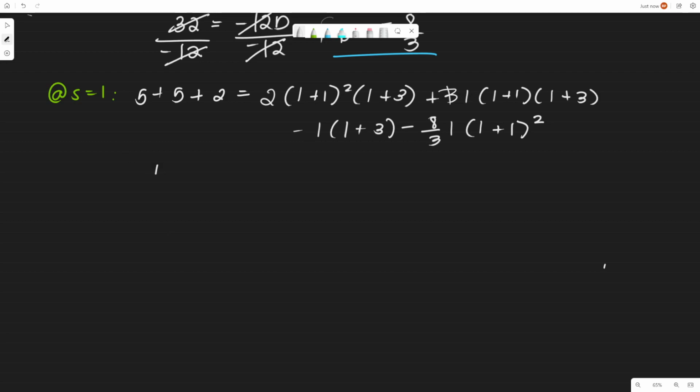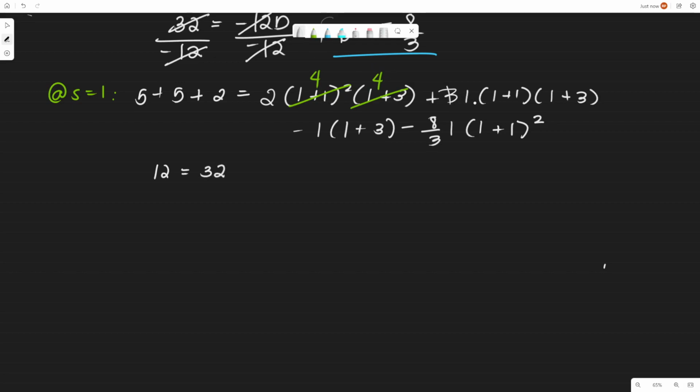So we have here 12. This is equivalent to 2 times 1 plus 1 squared, that is 4 plus 4. So, I mean, sige. This is 4. This is also 4. So, therefore, 2 times 4, that is 8 times 4 is 32. So, we have 32.